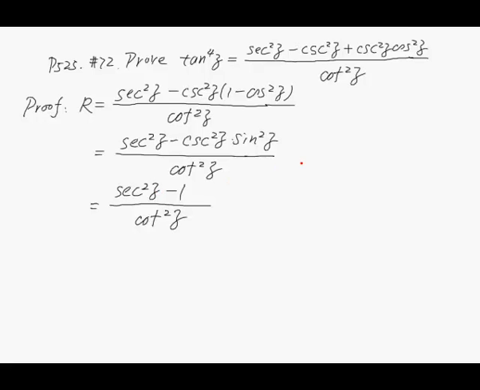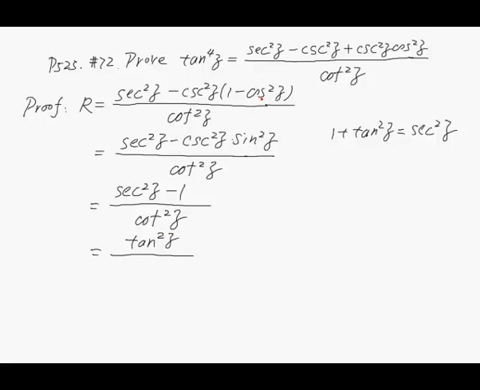Tangent square, right? See, we have 1 plus the tangent square of z equal to secant square of z. So secant square of z minus 1, you get the tangent square of z. So this is equal to tangent square of z.